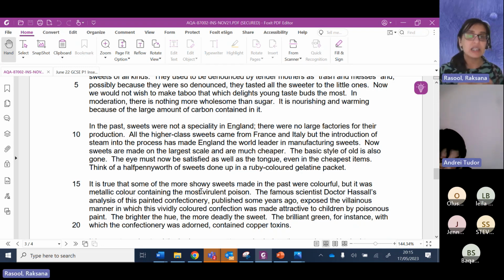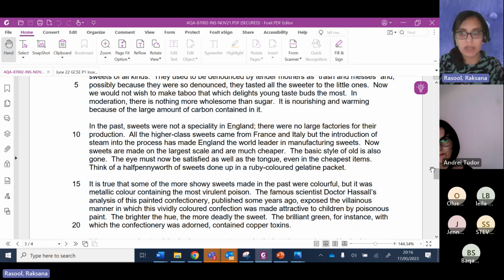Yeah, absolutely. So I think the point that you're both making is that source A is quite light-hearted, humorous. The perspective and attitude towards sweets was that it was a fun part of childhood. But in source B, you've got the dangers of sweets, but it's a more serious attitude to sweets, isn't it? Okay, that they were poisonous in the past. The tone is more serious.